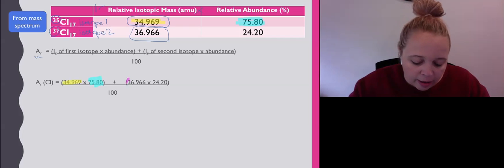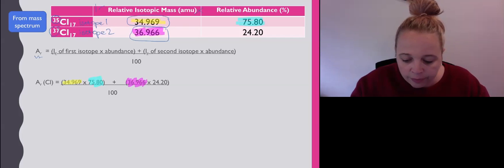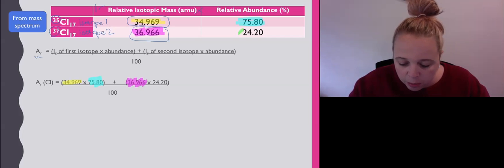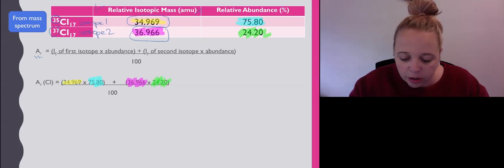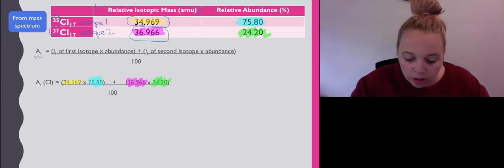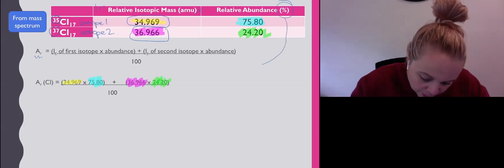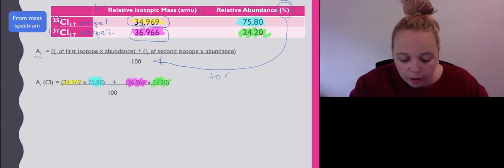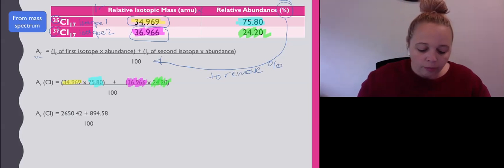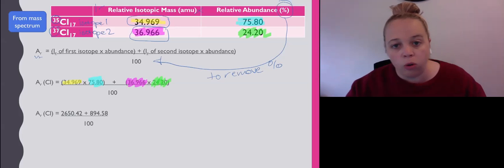Then we need to add the I_R of the second one, which is 36.966, and then multiply that by its relative abundance. Now, my question to you is, why are we going to divide by 100? These are percentages. To get them out of percentages, we have to divide by 100 to remove percentages.